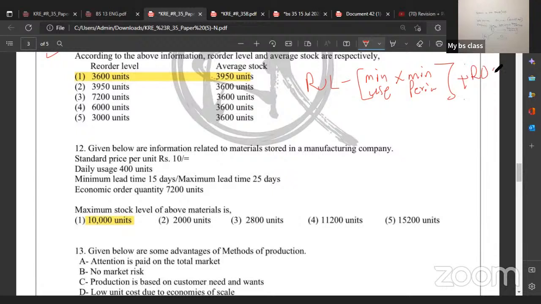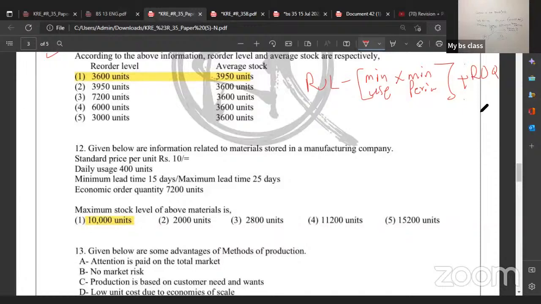Now remember the fact that it could be ROQ, it could be the EOQ, right? Because ROQ is the quantity that you order. The quantity that you order could sometimes be the economic order quantity. You can order above the EOQ, below the EOQ, or just EOQ.